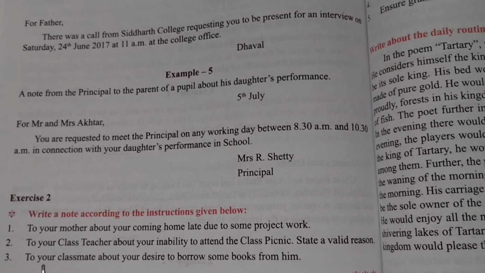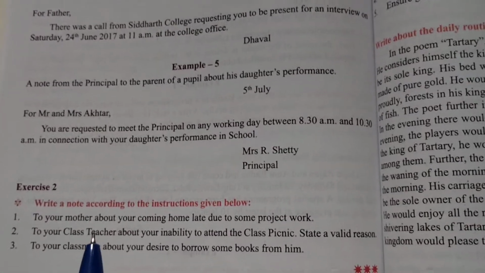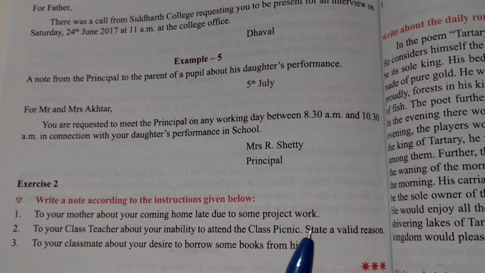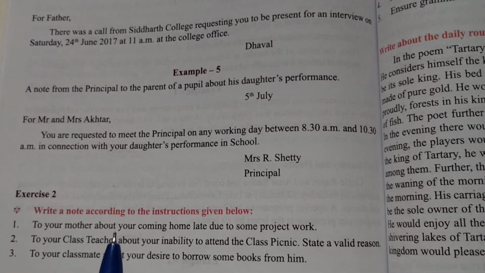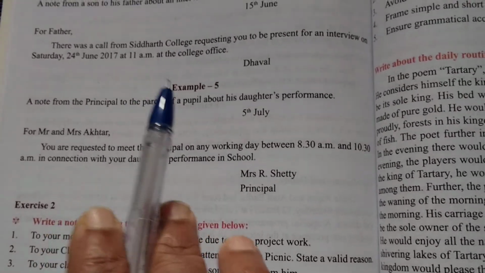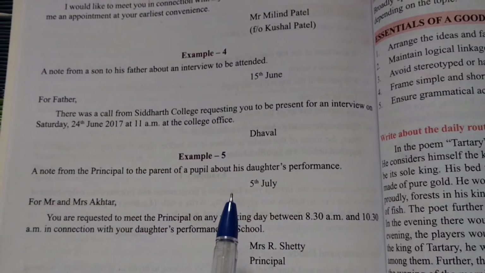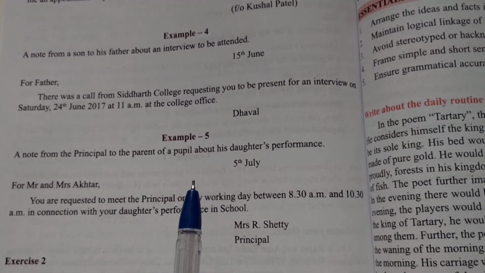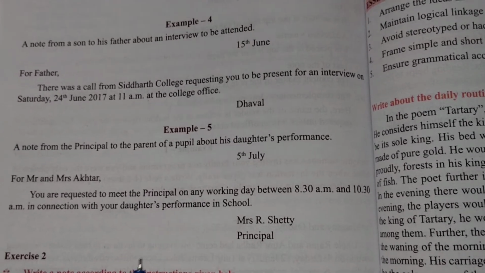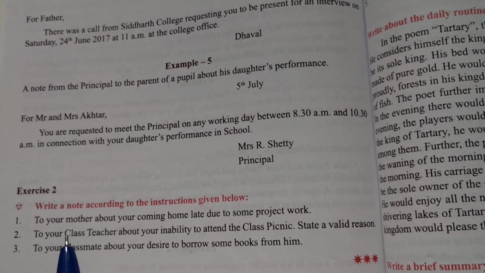To your classmate about your desire to borrow some books from him. So these are the 3 topics on which you have to write the note. The definition and all these examples 1 to 5 you have to write in your English composition notebook. After that solve this exercise also.